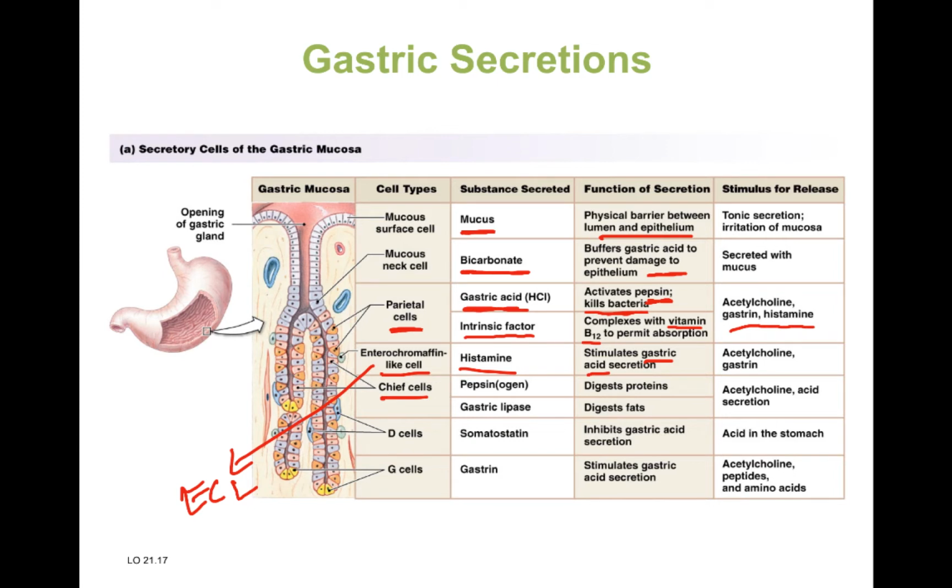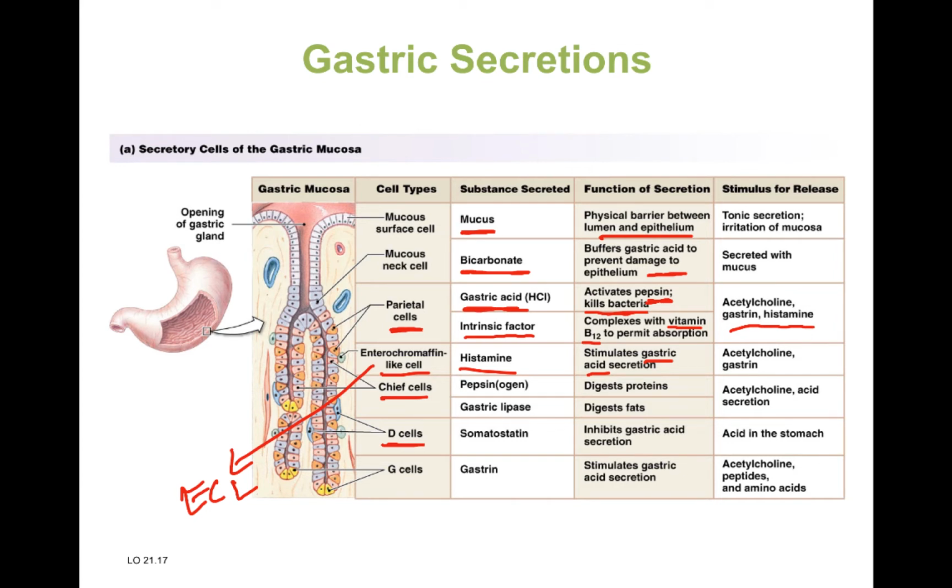And then the last two cells, we've got the D cells. What's going on with the D cells is that they release a substance called somatostatin. And somatostatin is like the brakes for the stomach. Let's say food has entered the stomach, it's been mechanically and somewhat chemically digested, we've produced a lot of stomach acid.